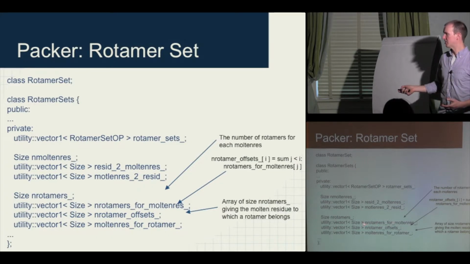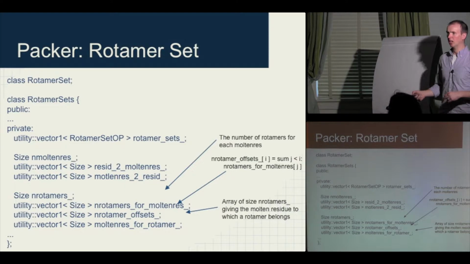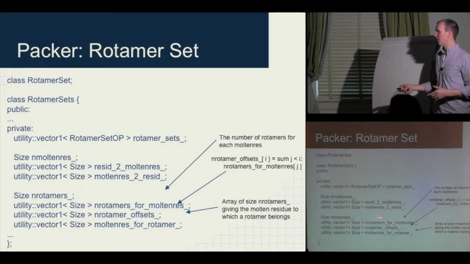Here we have a vector that stores the number of rotamers for each molten res. If you summed the contents of this vector, that would give you the total number of rotamers. And then this is an offset vector. This says what's the first rotamer number for each of the molten residues. For molten residue 1, this value would be 1.